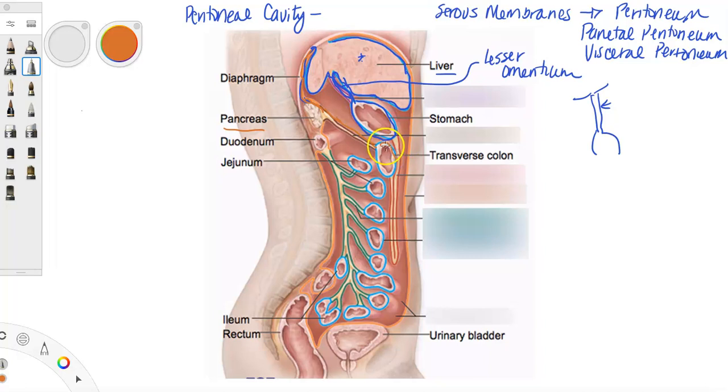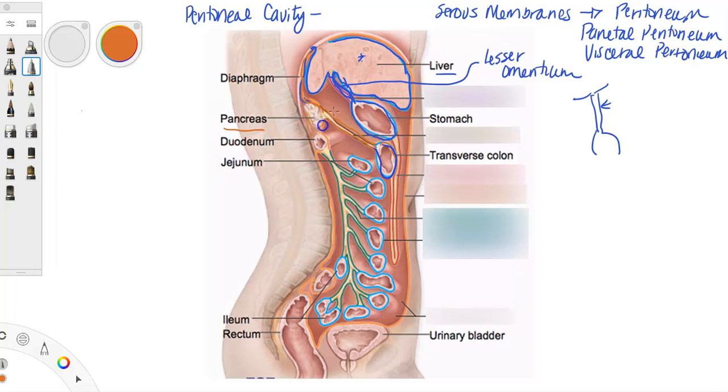And then we're back to parietal peritoneum here as it goes around. And then we're back to this little area that's visceral, that just connected the pancreas and the transverse colon.